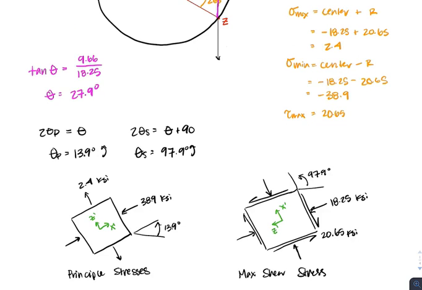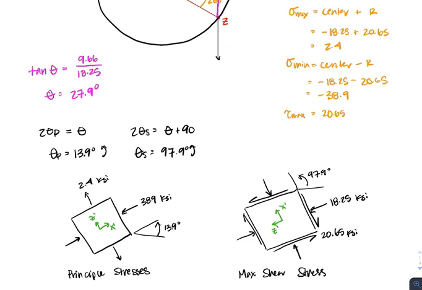So here I have drawn the 2 stress blocks for the state of principal stresses and also for the max shear stress. You can see we just rotated the principal stress one 13.9 degrees, and then we placed on there our sigma max and sigma min that we had found from the Mohr's circle. And then for the max shear stress, we rotated it 97.9 degrees counterclockwise, and then we also put the tau max on each of the sides going in their respective directions.